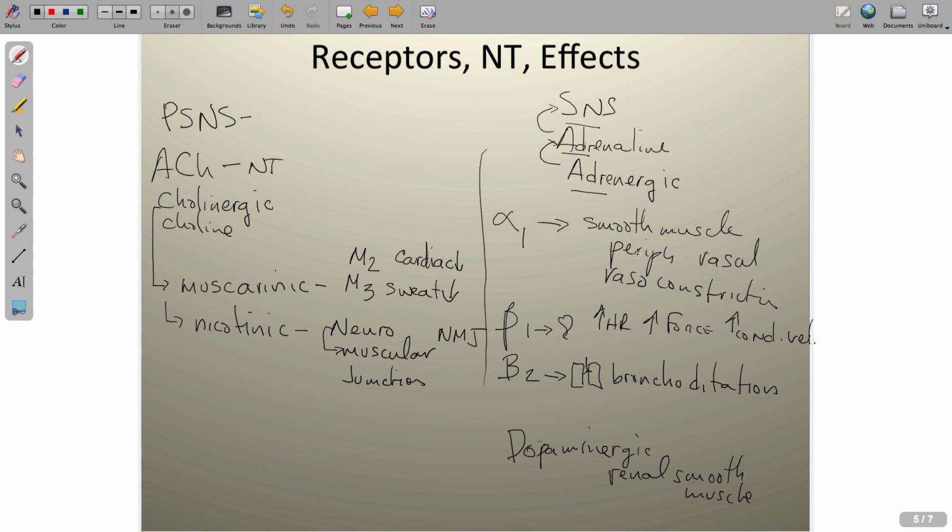They're primarily found in the smooth muscle of peripheral vessels. Beta 1, primarily located in the heart, cause these increase in changes. Beta 2, there are two lungs, primarily found in lung tissue, but specifically in the bronchi and bronchioles of lung tissue, and they cause bronchodilation. Last but not least, we'll talk about dopaminergic. This is also part of the sympathetic nervous system, and these impact smooth muscle cells of the kidneys.